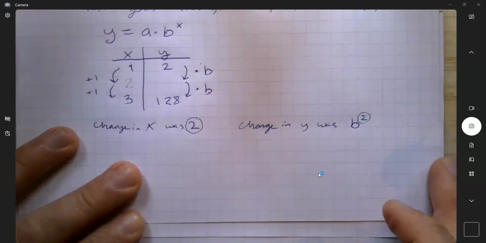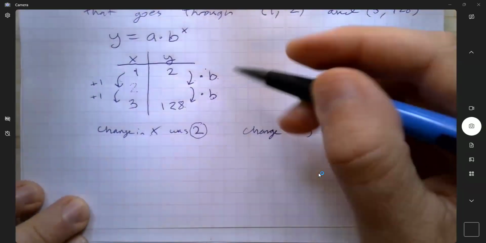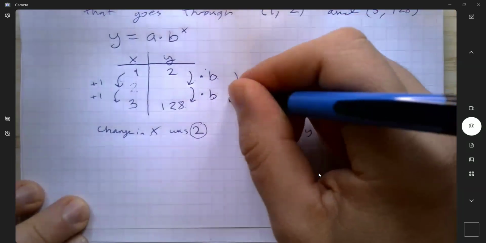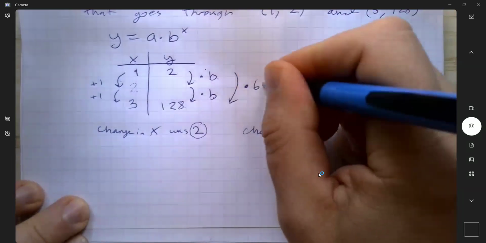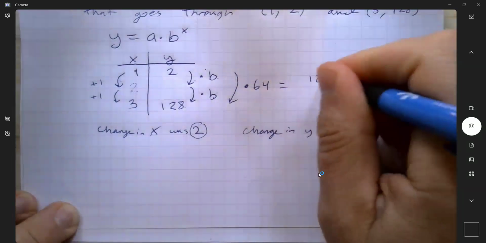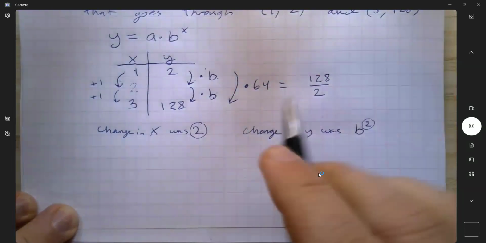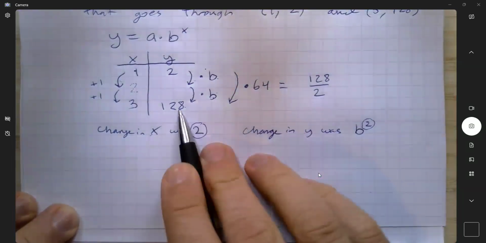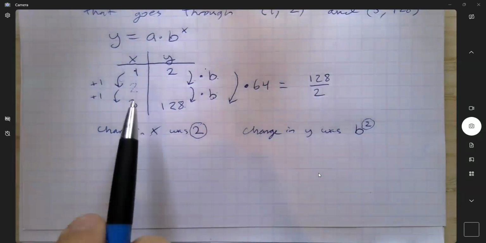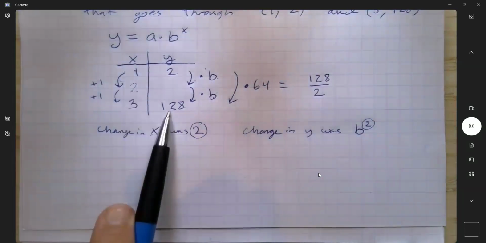And here's where we get really clever. We know that it changed by multiplying by b squared, but we also know that it changed by multiplying by 64 because 64 is 128 over 2. That's the multiplication change. Remember, exponentials change by multiplication. So to get from 2 to 128, we're not subtracting, we're multiplying.